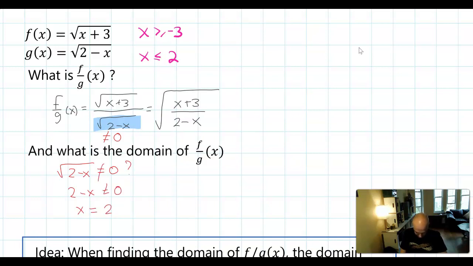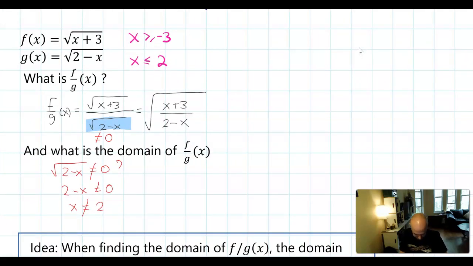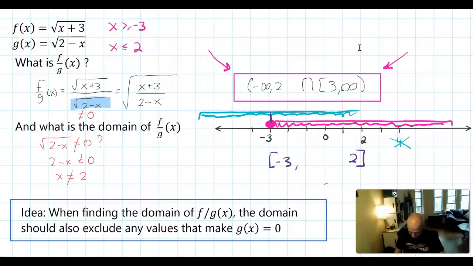So restricted from the domain, we should actually have x not equal to 2. So I just went up and got the graph from the last example, but I need x to not equal 2 in this case, so I am going to replace the closed circle that I had at 2 with an open circle, and I'm going to replace the bracket I had on 2 with the parentheses.